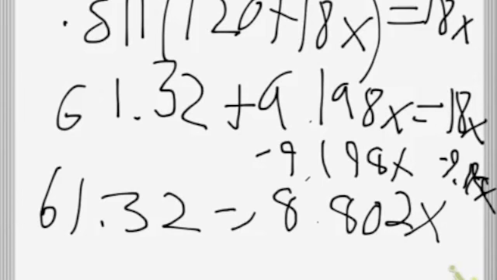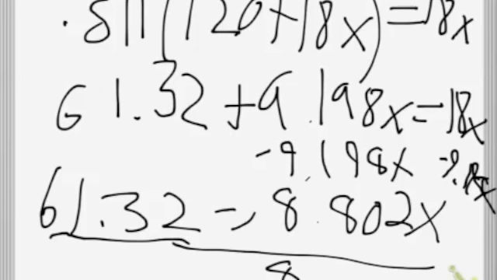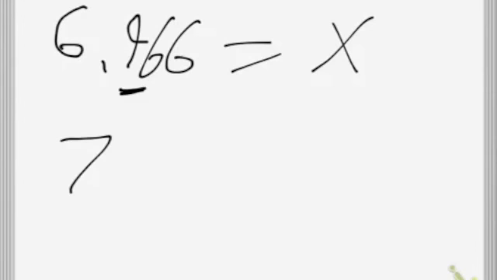Now to get x alone, we divide both sides by 8.802, which should give us 6.966, which equals x. And since there were small decimals that we had to round at the beginning, we just round this to the nearest whole number, which would be about 7. So that would be 7 waters of hydration.